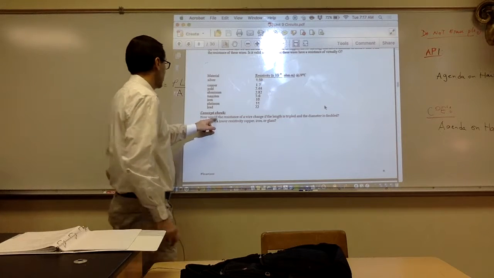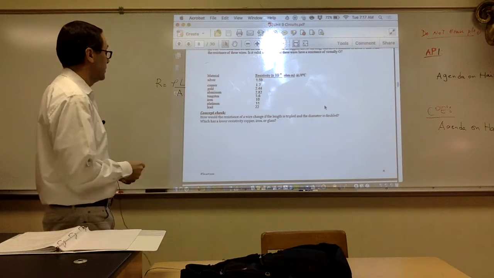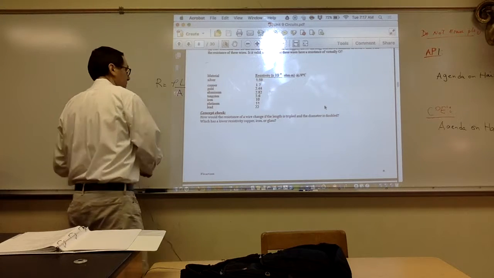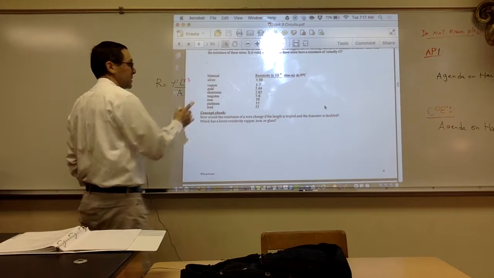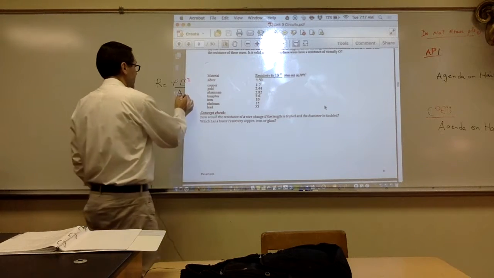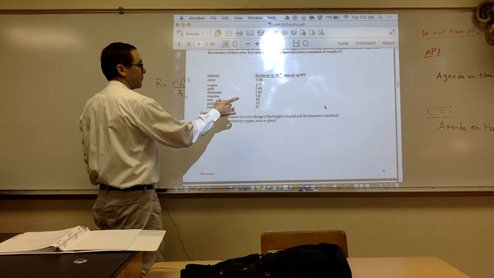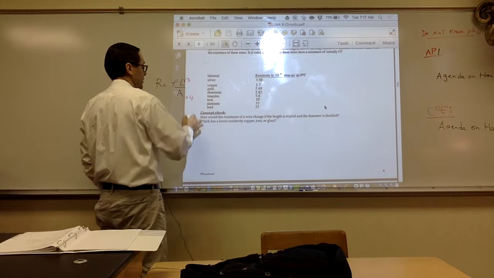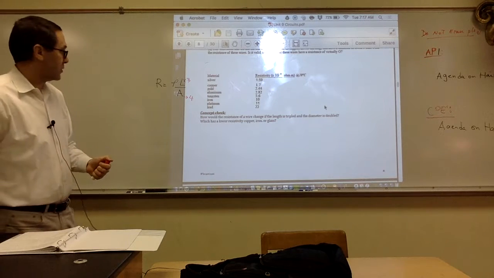So let's look at this check. How would the resistance of a wire change if the length is tripled? So the length is going to be times 3, okay, and the diameter is doubled. So if the diameter is doubled, it also means the radius is doubled. So basically, the area will be 4 times as much. So the resistance will be 3/4 as much.